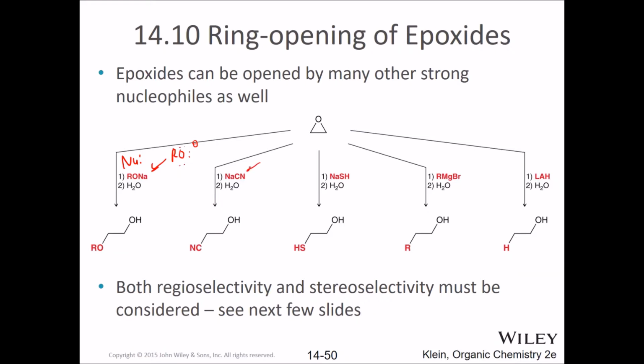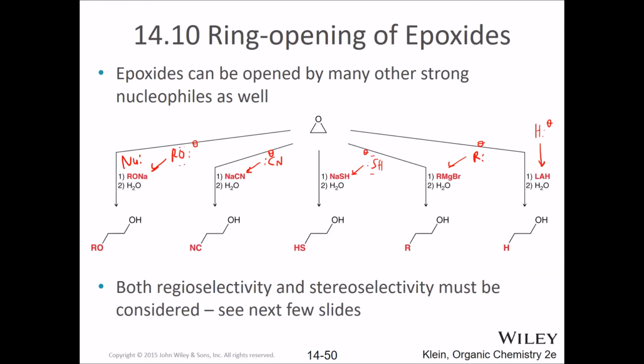The nucleophile for this one is cyanide. The nucleophile for this one is thiol. The nucleophile for this one, I hope you did this, this is so important, is hydride. I hope you did that.